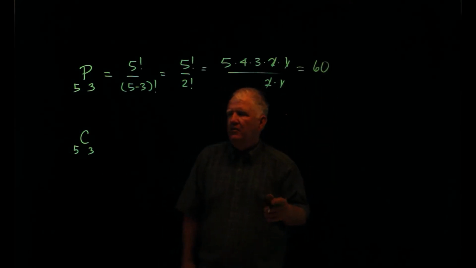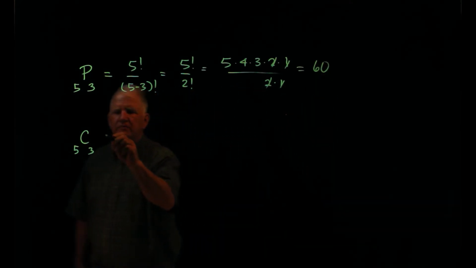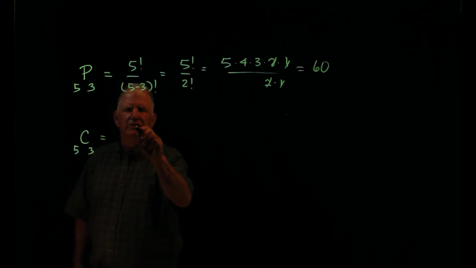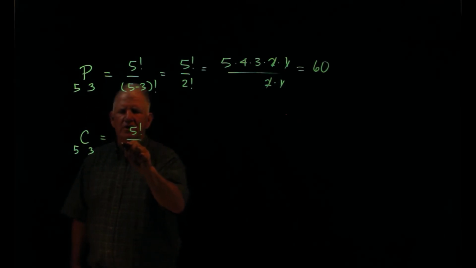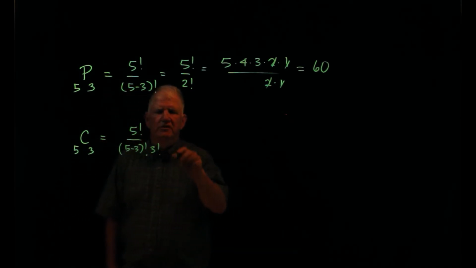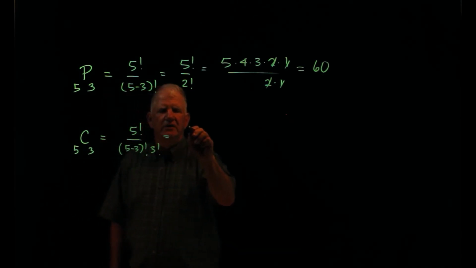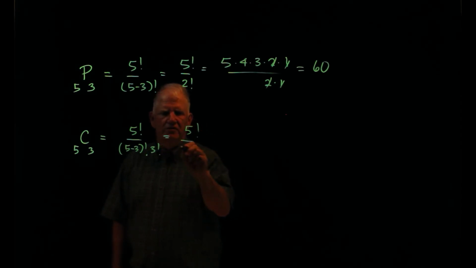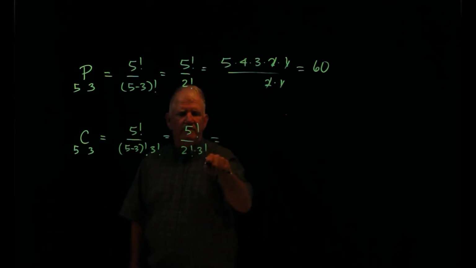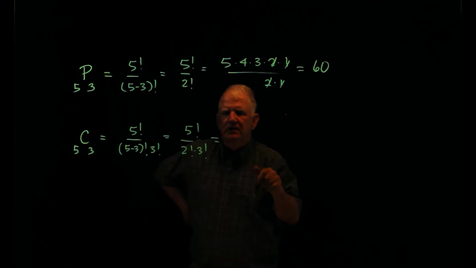Okay? Likewise, if I do the same thing over here, this has a different definition now. This is combinations, not permutations. This is 5 factorial all over the difference factorial, like the permutation, but then it's divided by 3 factorial as well. So if I write this all out, this is 5 factorial all over 2 factorial times 3 factorial. Okay, a little different. I've got this factor of 3 factorial down at the bottom.